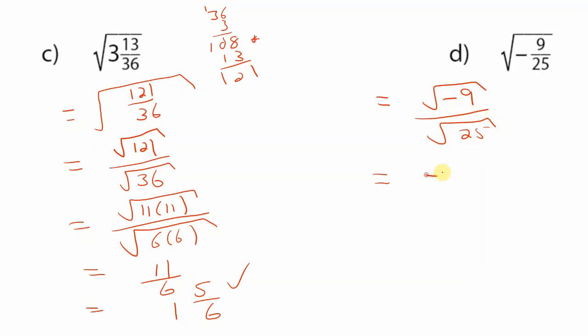For example, if we take minus 3 and multiply that by itself, a negative times a negative is a positive. 3 times 3 is 9. We don't get a negative 9. So therefore, it's impossible, at school level, to get the answer for a negative square root.